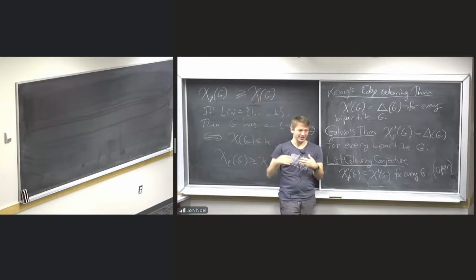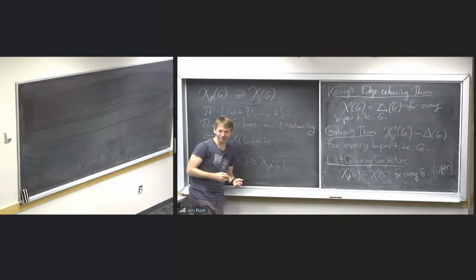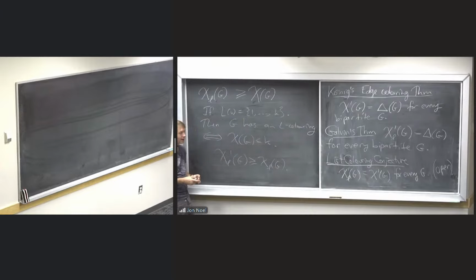So this is known asymptotically, but in terms of exact results, I don't know very much more apart from this one. And of course, if you do some small cases, then you can probably prove exact results. I don't know if that answers the question or not, but any other questions about this?